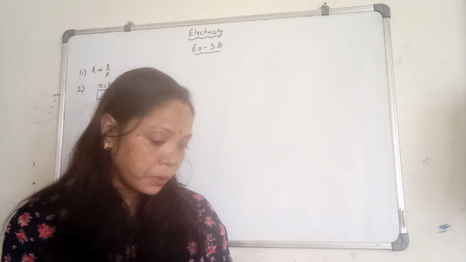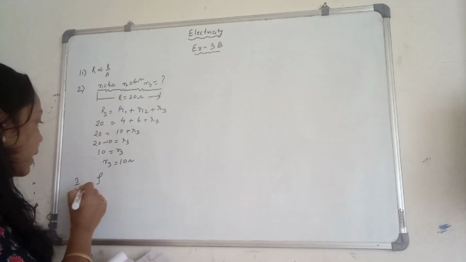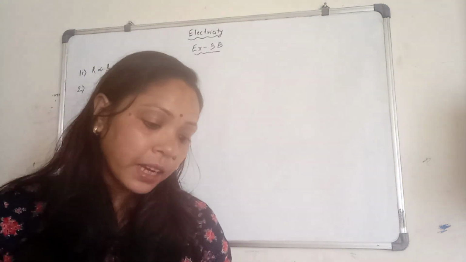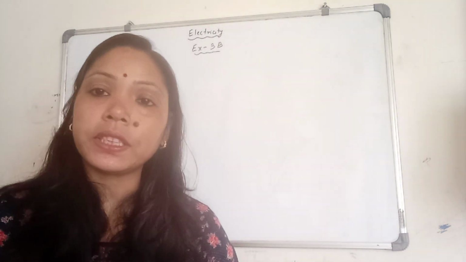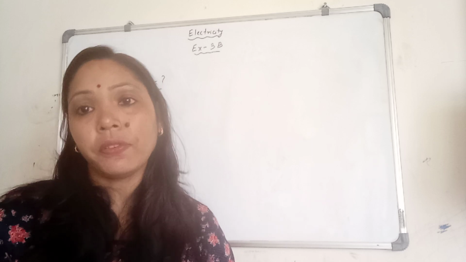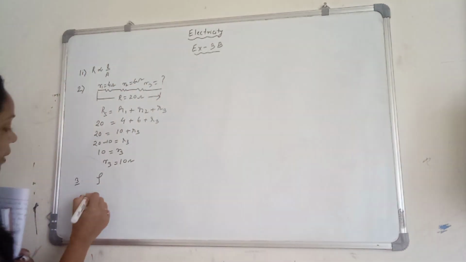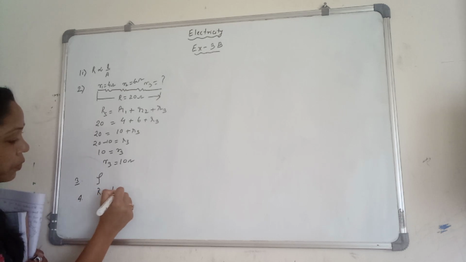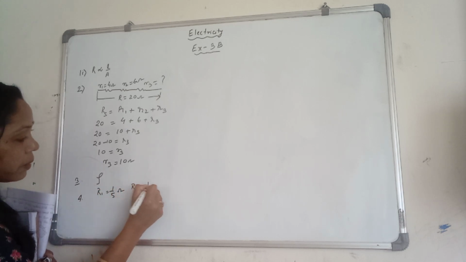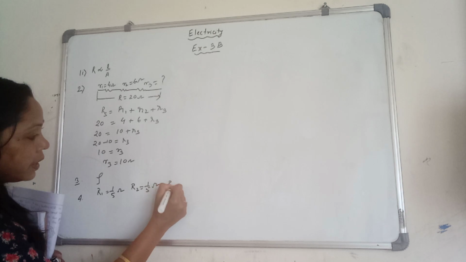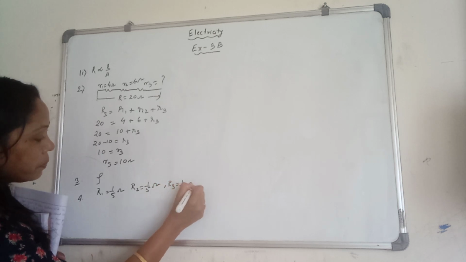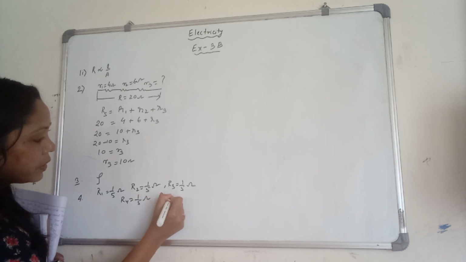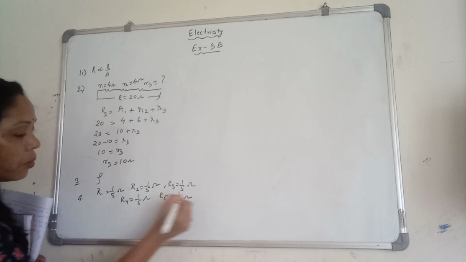Now question number 4. What is the minimum resistance which can be made using 5 resistors, each 1 by 5 ohm? So here the 5 resistances are given. R1 is equal to 1 by 5 ohm, R2 equal to 1 by 5 ohm, R3 equal to 1 by 5 ohm, R4 equal to 1 by 5 ohm, and R5 is also equal to 1 by 5 ohm.